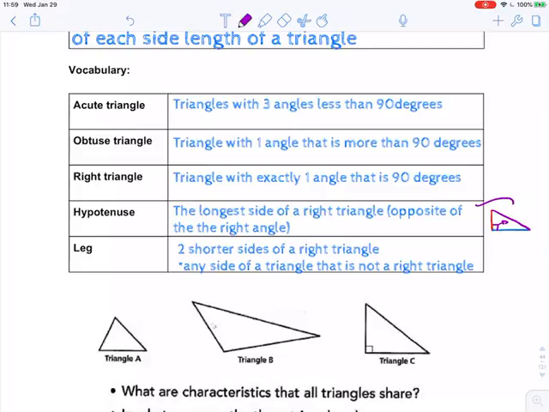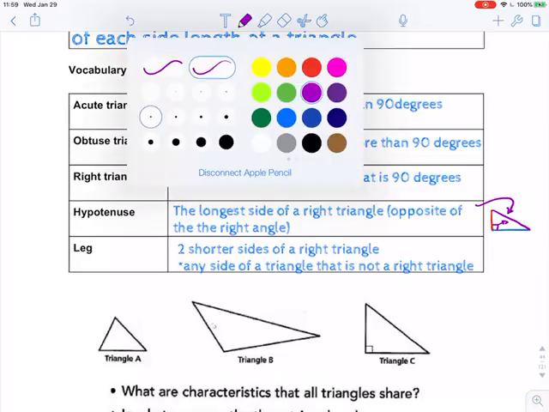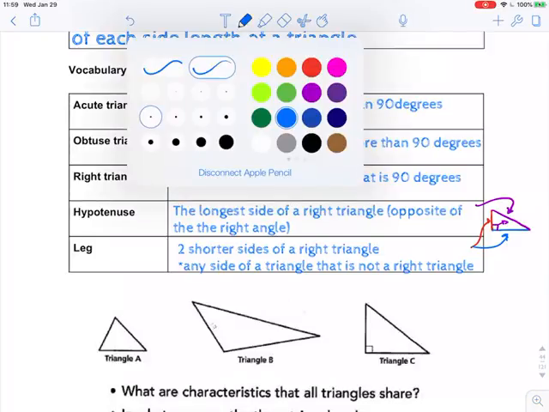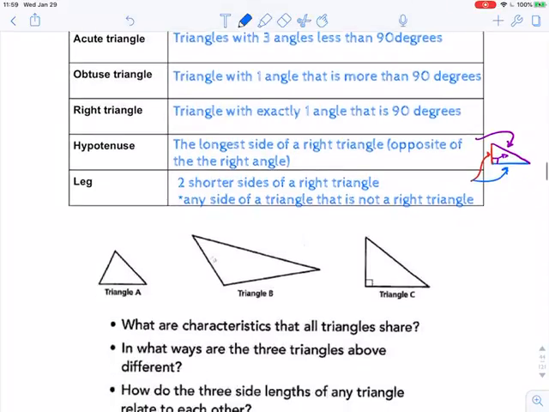That's the hypotenuse, the longest side, and the legs are the two shorter sides. Now, if I have a triangle that's not a right triangle, then legs can represent all sides. A leg could be this side, this side, or that side. It's all sides, as long as it's not a right triangle. If it's a right triangle, it's specifically the two shorter sides.